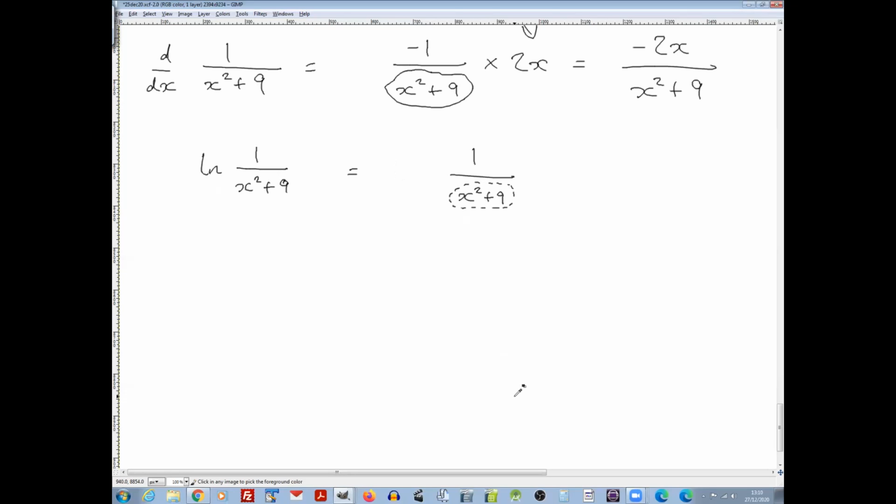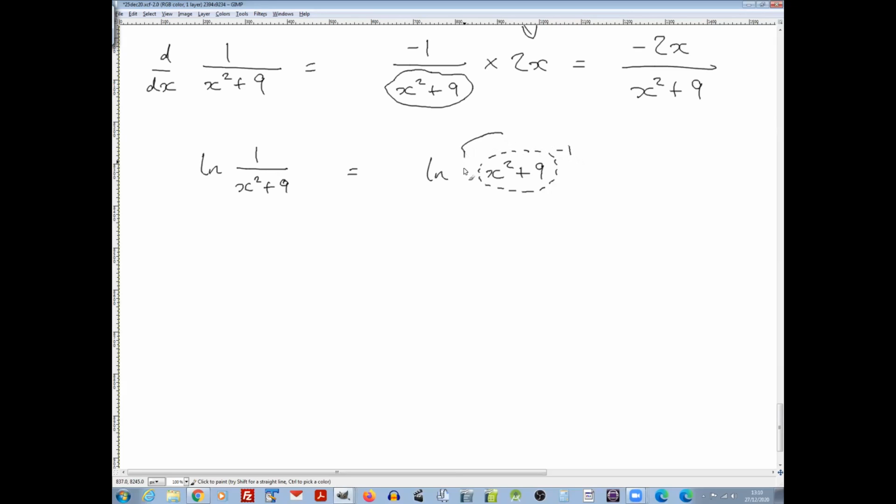1 over wasn't the most friendly way to write this. I think I'm going to suggest writing it as log of 1 over, but we could write what instead of 1 over? To the minus 1.